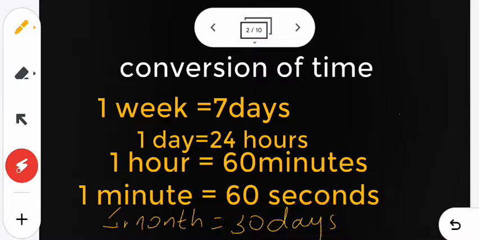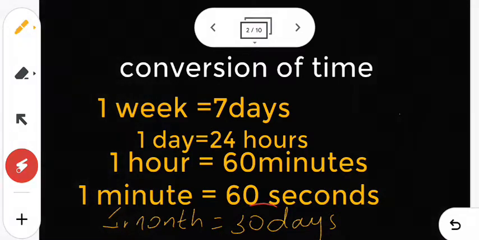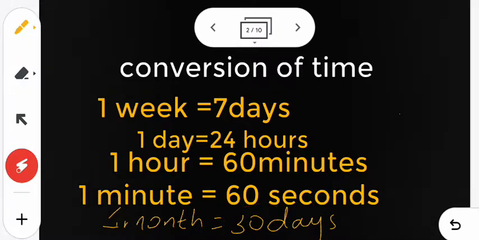It will not be mentioned February month, so we need not bother. In February we have 28 days, and some months have 31 days. Here the months are not mentioned exactly, just commonly as months, so we will not bother whether 31, 29 or 28 days. We will just calculate in common, taking 1 month equal to 30 days.